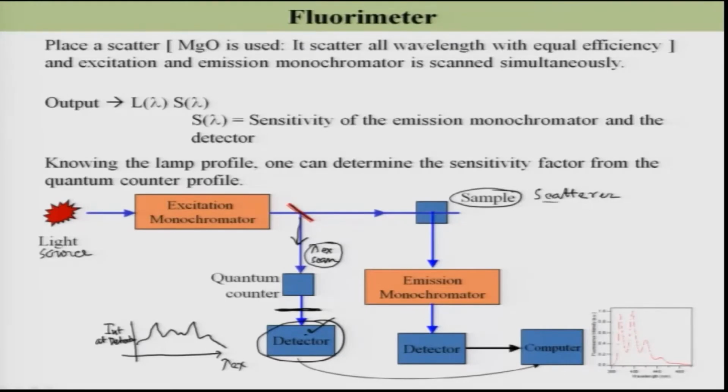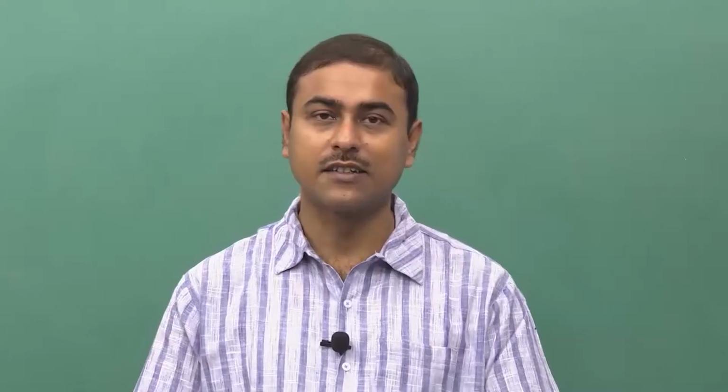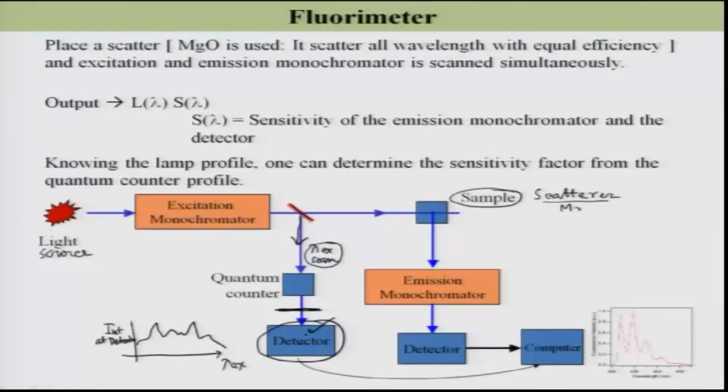I will choose the material in such a way that the scattering efficiency is equal for all wavelengths, and the substance for that is MgO, magnesium oxide. I take this scatterer inside my sample chamber. It is just Rayleigh scattering.